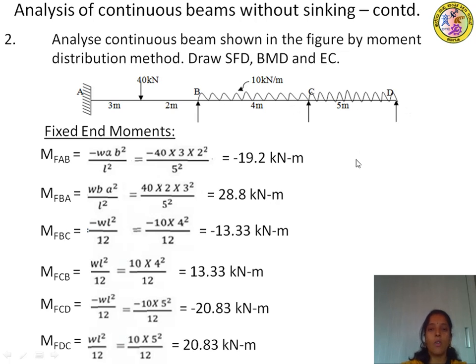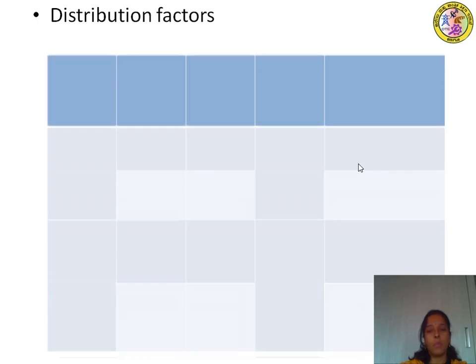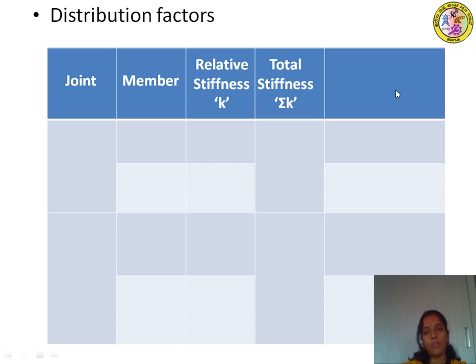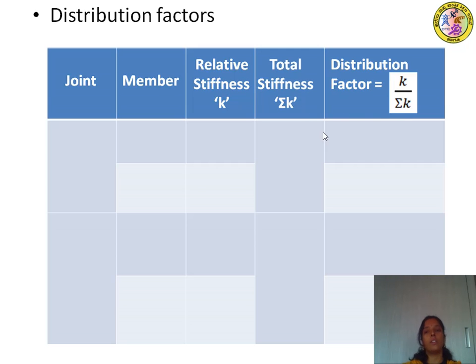Let us check how to find the distribution factors for these members. The calculation is represented in the form of a table. The first column is joint, next is members, next is relative stiffness and total stiffness, and then distribution factor, which is calculated by K, that is relative stiffness, divided by sigma K, that is total stiffness.